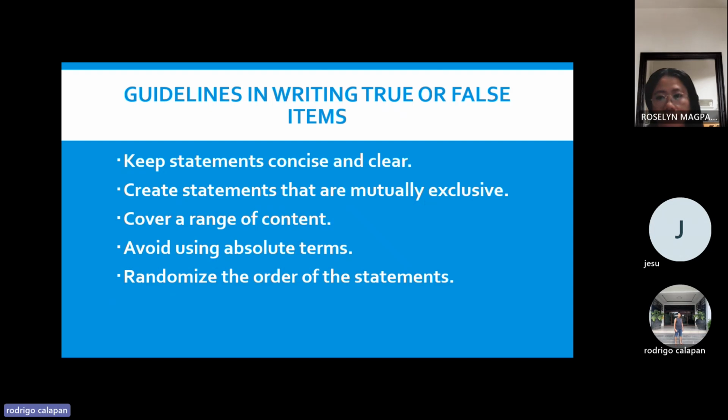And number two, create statements that are mutually exclusive. Each statement should be definitely true or false, with no room for ambiguity or multiple interpretations. So avoid using statements that could be considered partially true or partially false.